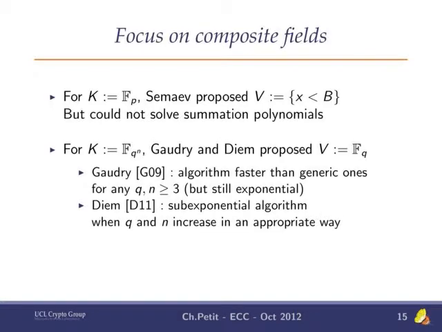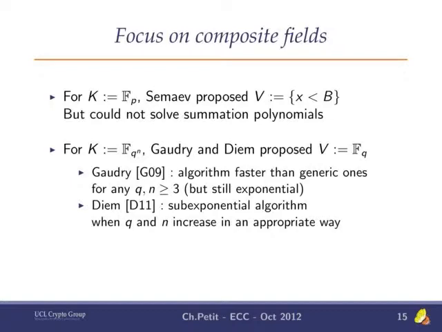So later, both Gaudry and Diem came out with a similar idea, but this time for an extension field F_q^n. And they proposed in that case to use V equal to F_q, the subfield, which is of course a subset of this.